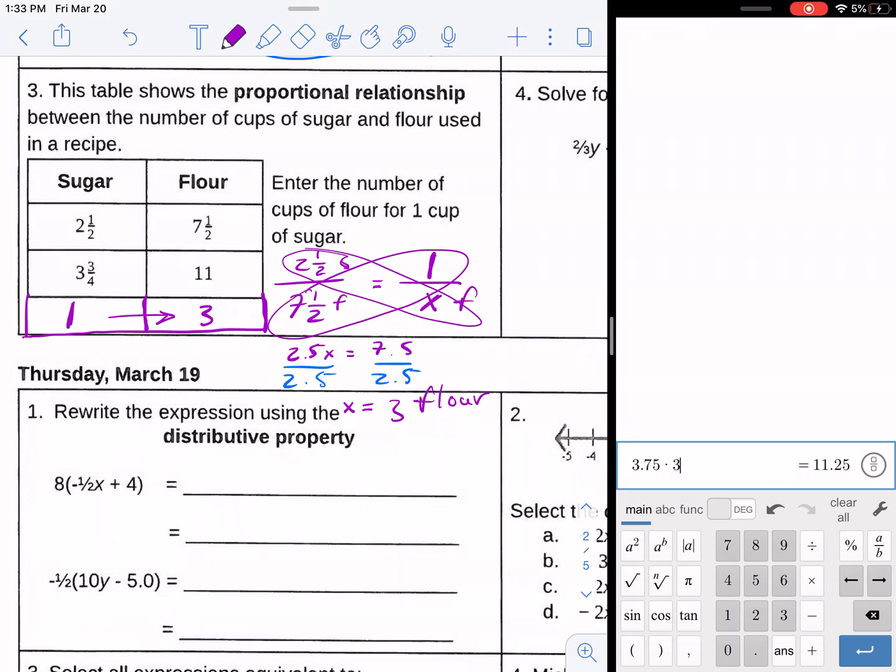Let's see. 3.75 times 11. Wonder what went wrong. 2.5 times 3. Doesn't look very proportional to me.